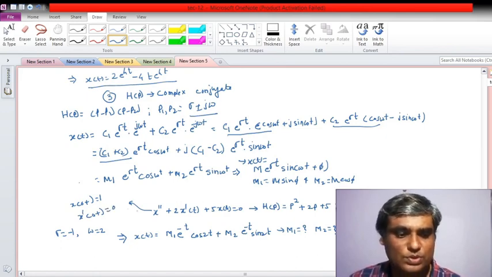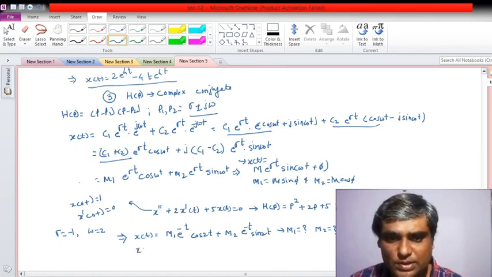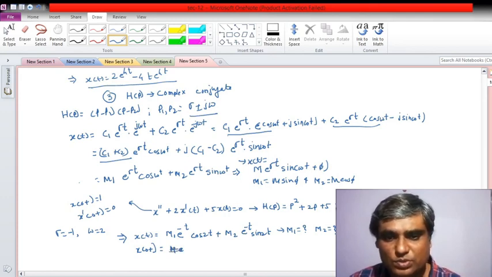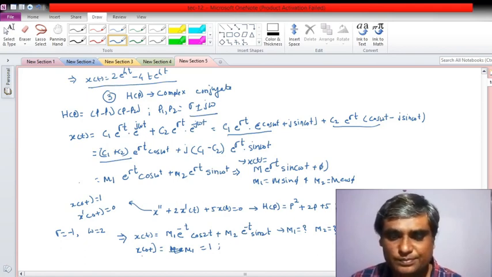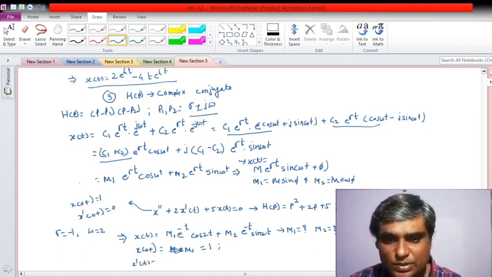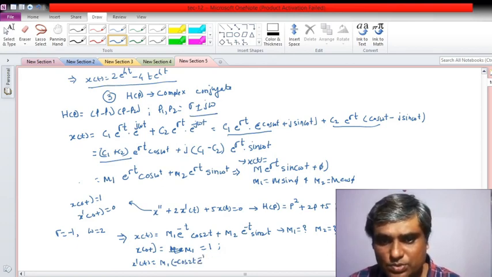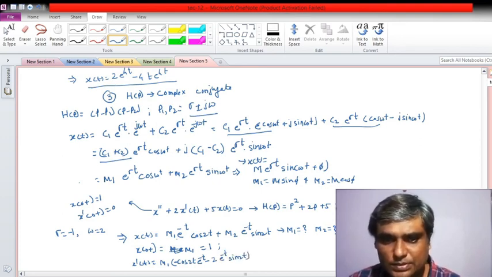To evaluate it, x of 0 plus will be m1 e^(minus 0), so this is 1, and this will be m1, which is simply 1. To get x dash of t, this will be m1 times: first function cos 2t, derivative of second e^(minus t), minus 2 e^(minus t) sin 2t. That is first function into derivative of second plus second into derivative of first, where the derivative of cos is minus sine plus 2.